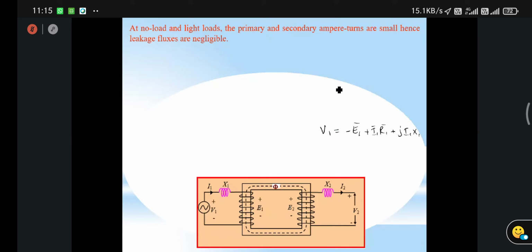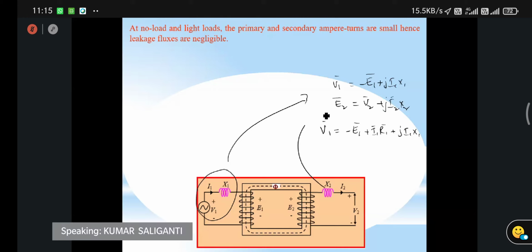Generally we have V1 from this relation: V1 equals minus E1 plus the vector sum of I1 R1 and j I1 X1. Similarly, E2 equals V2 plus I2 R2 plus j I2 X2 with this relation.